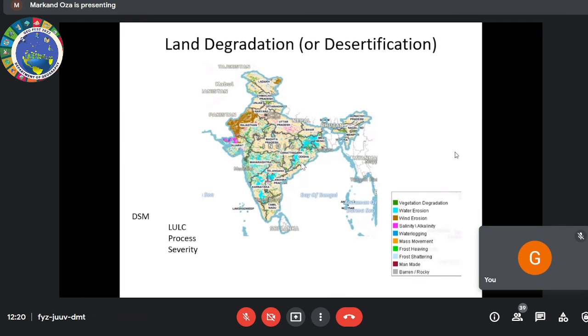Another thing, now this is what I call a tier 1 procedure, land degradation. FAO has clearly defined a procedure which has to be followed by each participating nation, and they have to report the status of land. In that there are 3 categories: land use land cover, processes, which process is making degradation or improvement, and severity, whether it is medium, low or high.